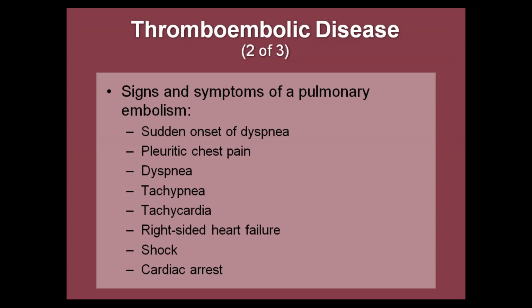They could have right-sided heart failure. They could exhibit signs of shock, and they could eventually go into cardiac arrest. This can be very sudden as far as the cardiac arrest, and we're just going to work as normal, right? Just do compressions and go through that algorithm.